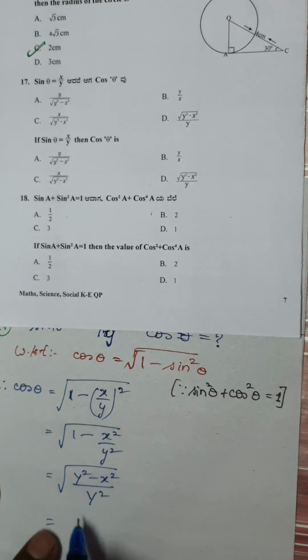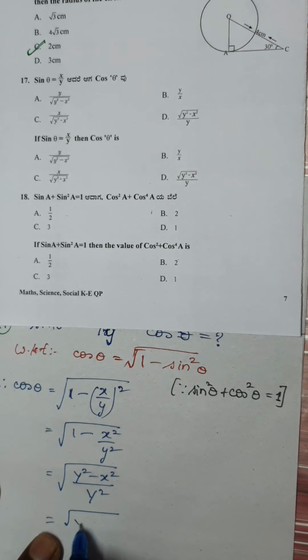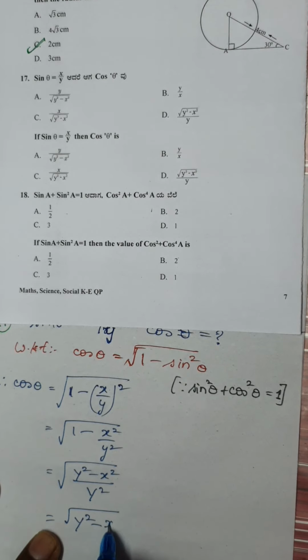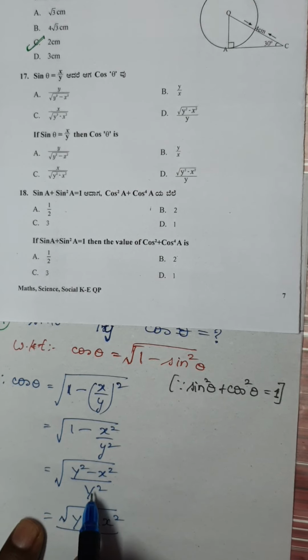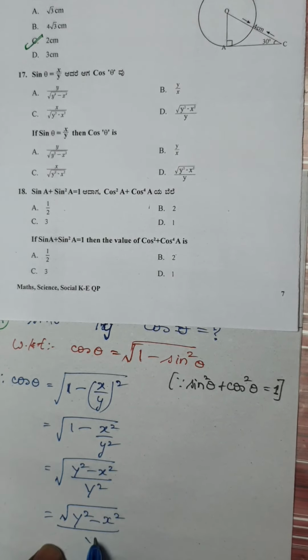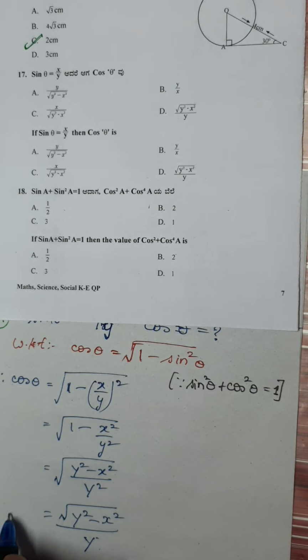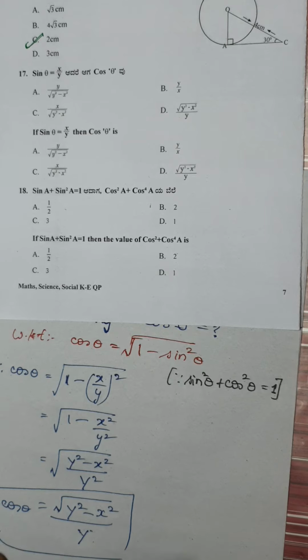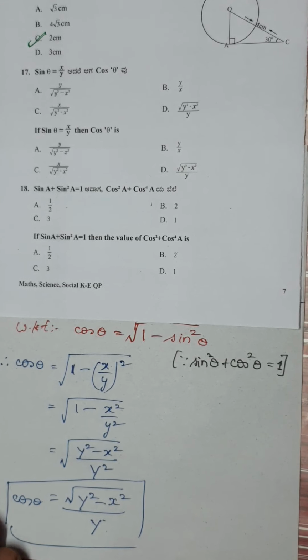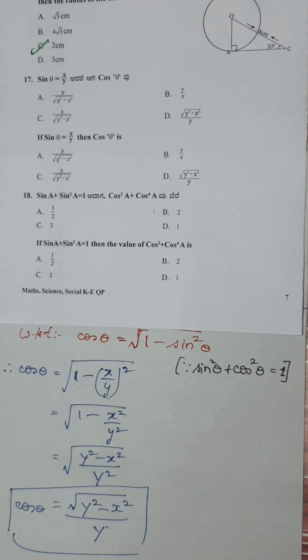Therefore, for cos theta, in the numerator you cannot take out the roots, so let me keep it as root of y square minus x square. In the denominator, if you split it, root of y square is nothing but simply y. Therefore, cos theta is root of y square minus x square divided by y.